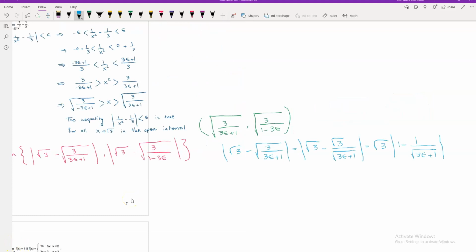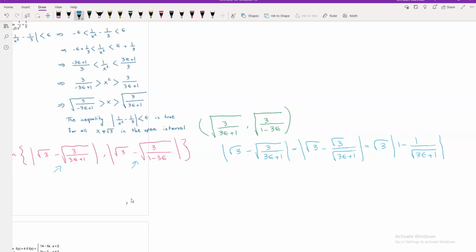We have to simplify these two to be able to find the smallest delta. So the one that I have here on left, absolute value of square root of 3 minus square root of 3 divided by 3 epsilon plus 1, that is equal to absolute value of square root of 3 minus, here in numerator we have square root of 3 and in denominator we have square root of what we had here on upper, 3 times epsilon plus 1.